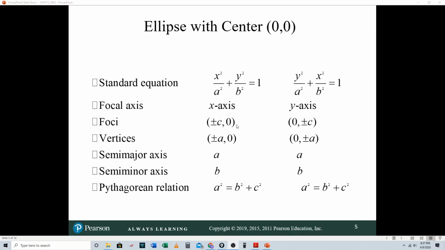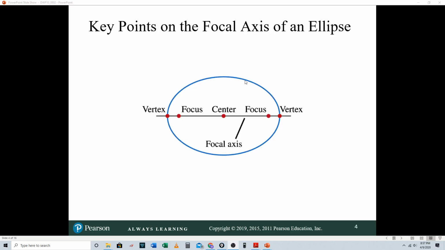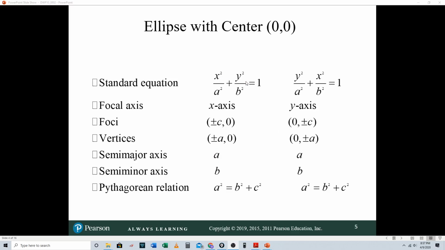Now, if you notice, this is more of a horizontal ellipse. Okay, it's flatter. If it was vertical, then you would see this function. So this function is more of a horizontal ellipse. This function is more of a vertical ellipse.